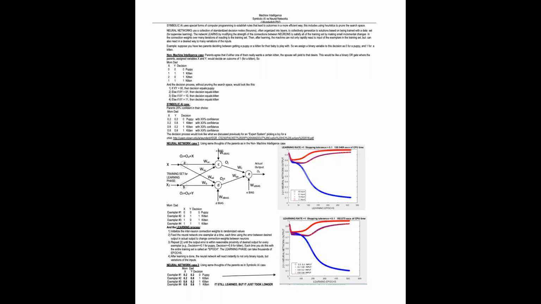And it still has purpose. It's special forms of programming to establish rules that lead to outcomes in a more efficient way, and you have heuristics, and you prune the search space, and inference engines. Expert systems are one type of symbolic AI, and the old languages of Lisp and Prolog were set up for that, and use predicate calculus and reasoning.